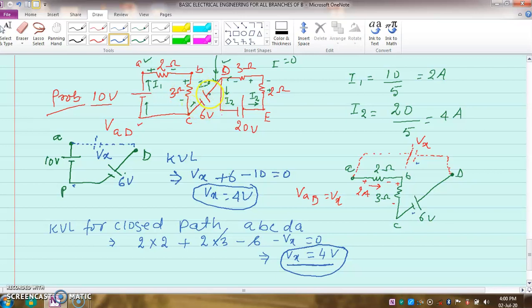Here no current was flowing because there is no return path, but it is a voltage. When you calculate the potential difference between A and D, this voltage must be included. Its role will be there. You cannot remove it because voltage is there but current is not there. One example you can also see in your house, like there is a socket. Suppose here 3 holes are there.